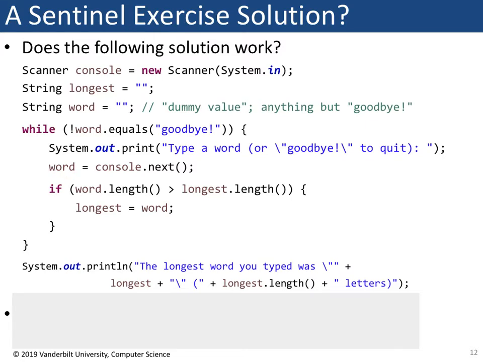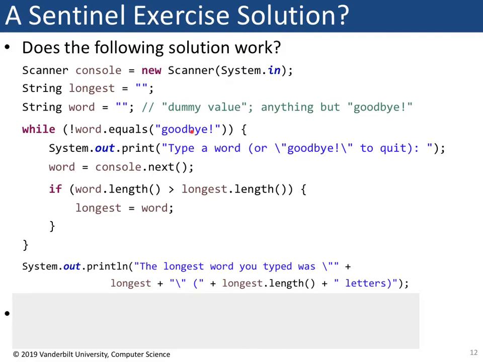Then if the length of the word is longer than the current longest, remember longest is that string that we declared to store whatever word is currently the longest. So if the length of the new word that the user typed in is longer than our current longest word, we'll replace longest by this new word.